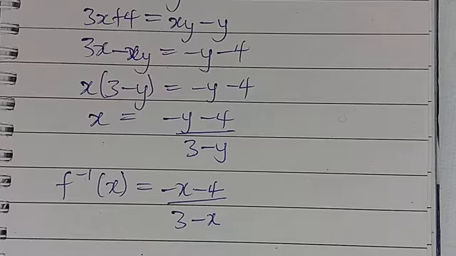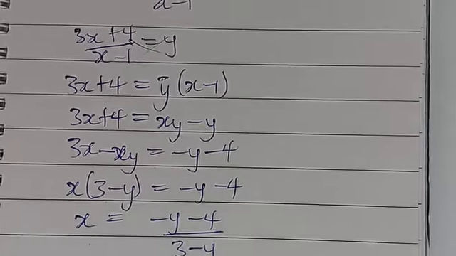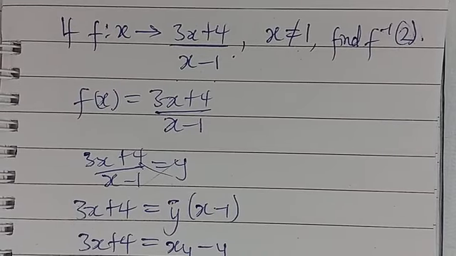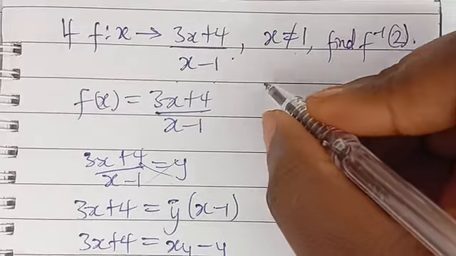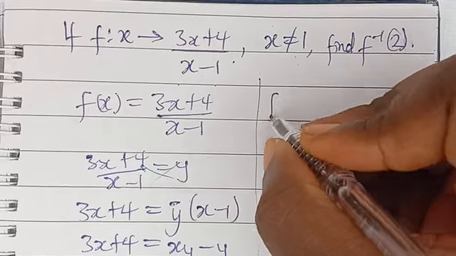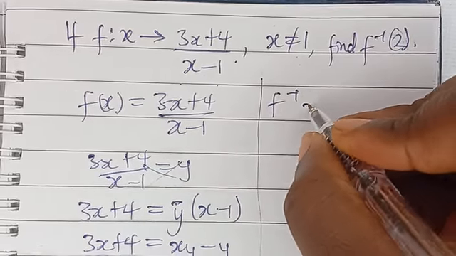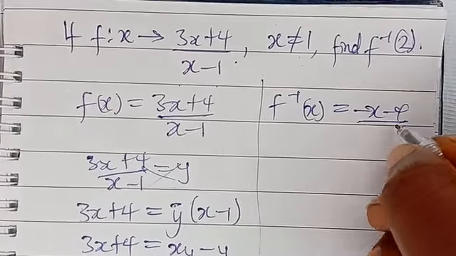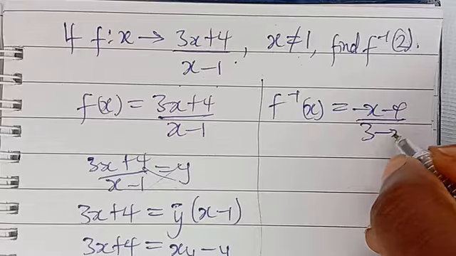But that's not all. The question says that we should find the inverse of f of 2, right? So for our inverse, let me write it up here again. We have that the inverse of f of x is equal to (-x - 4)/(3 - x).